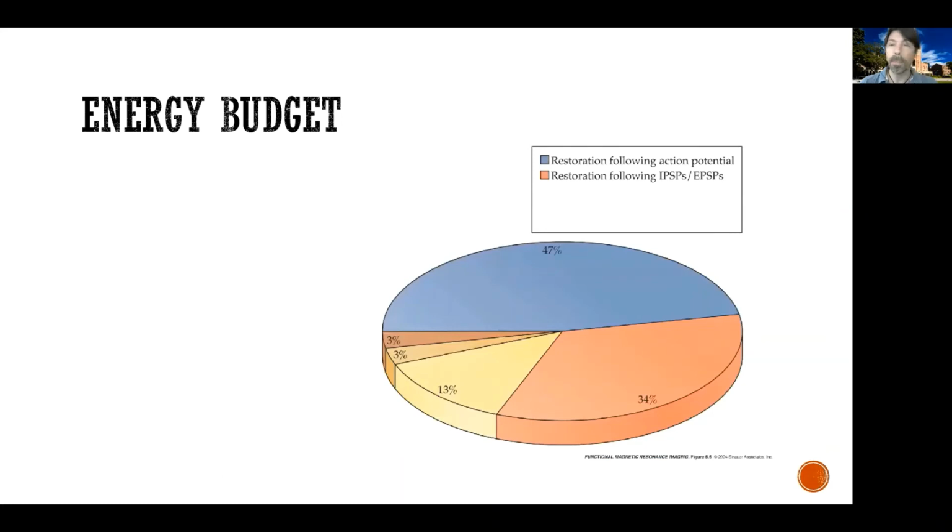In fact, if you look at the budget of where the energy goes in order for the neural system to work, and what you're seeing here is the energy budget in a rodent model, it turns out that the lion's share of this is really to restore action potentials and to restore excitatory and inhibitory postsynaptic potentials.